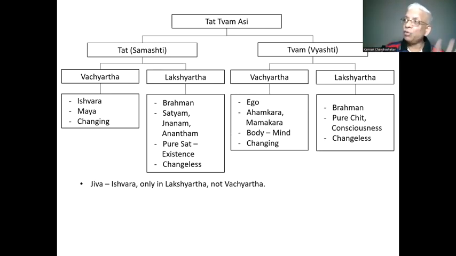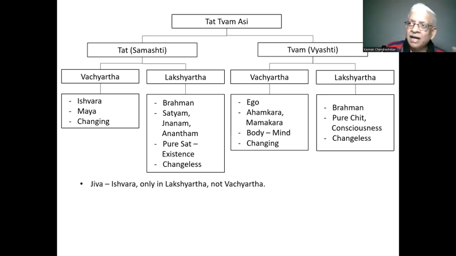As I told you before, God only appears as this world, and when I analyze this world, I'm analyzing God. The eyes and the five sense organs can only show me Vachyartha.